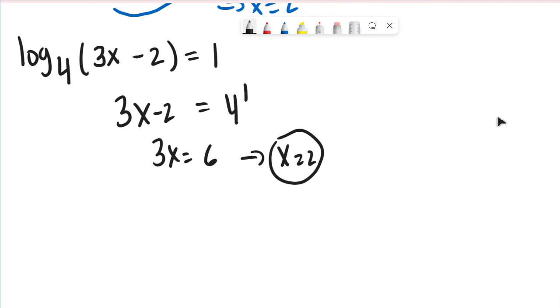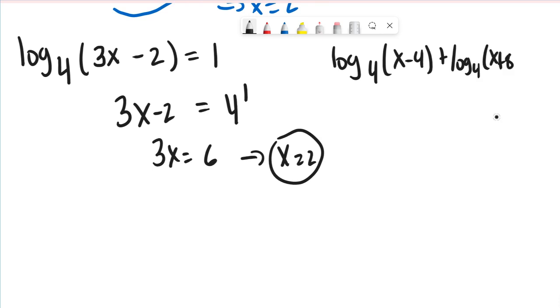Now, similarly, if you had an equation like log base 4 of x minus 4 plus log base 4 of x plus 8 is equal to 3, then this is actually kind of like the same thing, but the only difference is that you need to multiply.